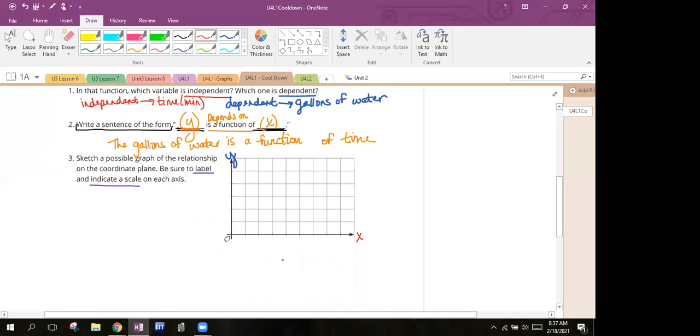That's my independent variable. Time in minutes. If that is my x axis, what is my y axis going to be? Gallons of water.